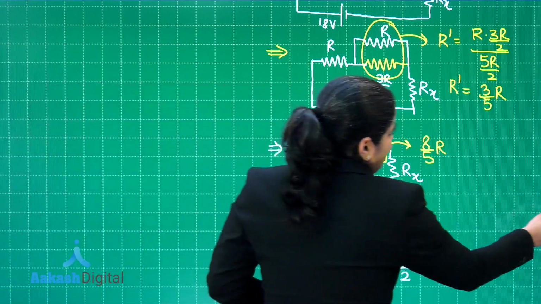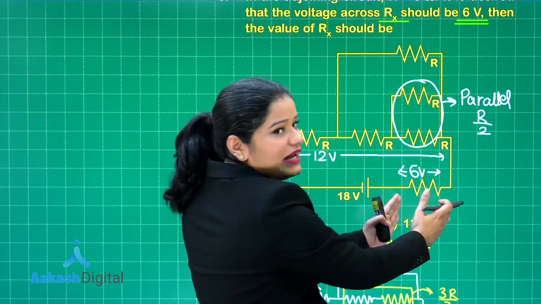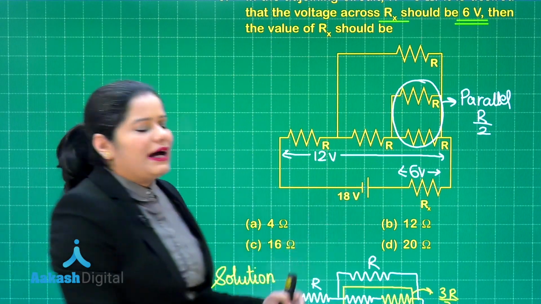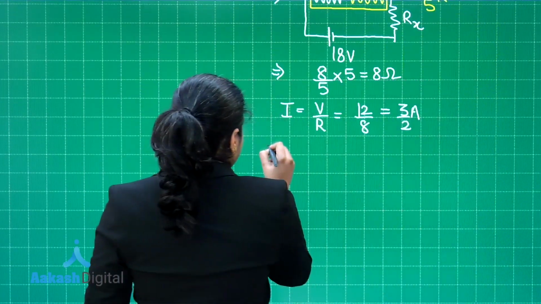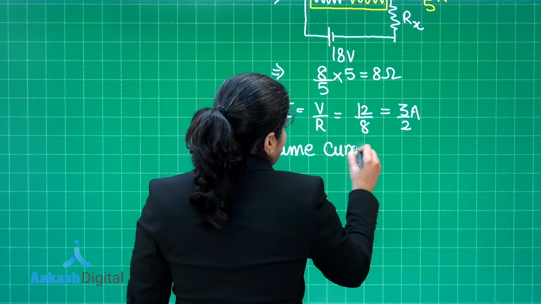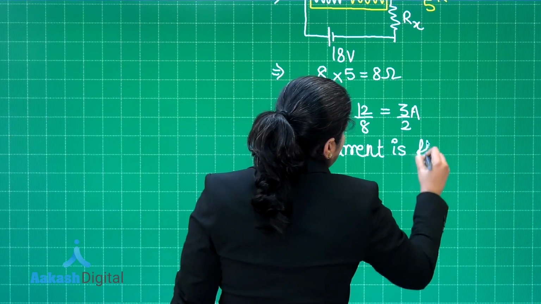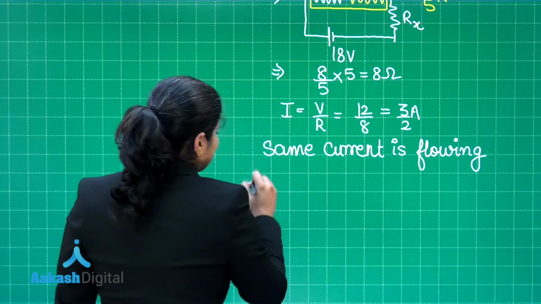Now bacha, see over here, this part of the circuit is in series with Rx. Okay, so the same current is going to flow through Rx also. So same current is flowing through Rx.